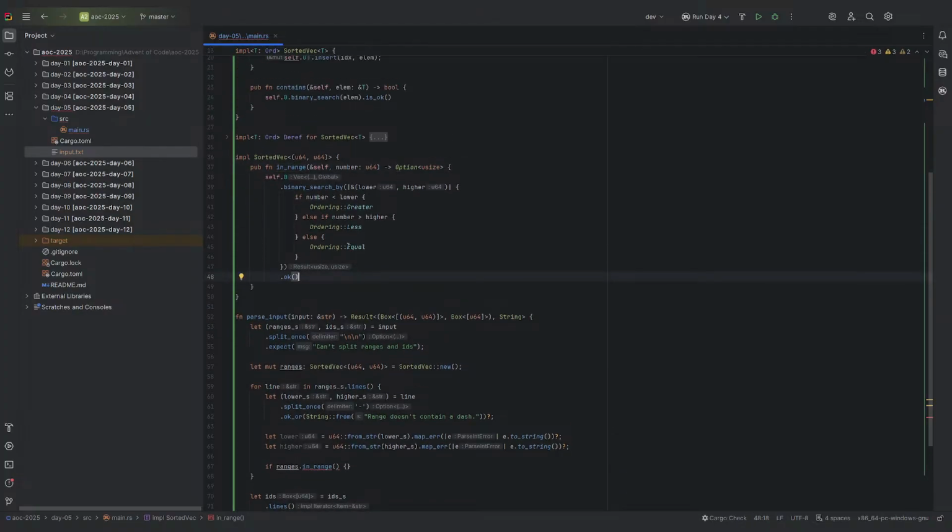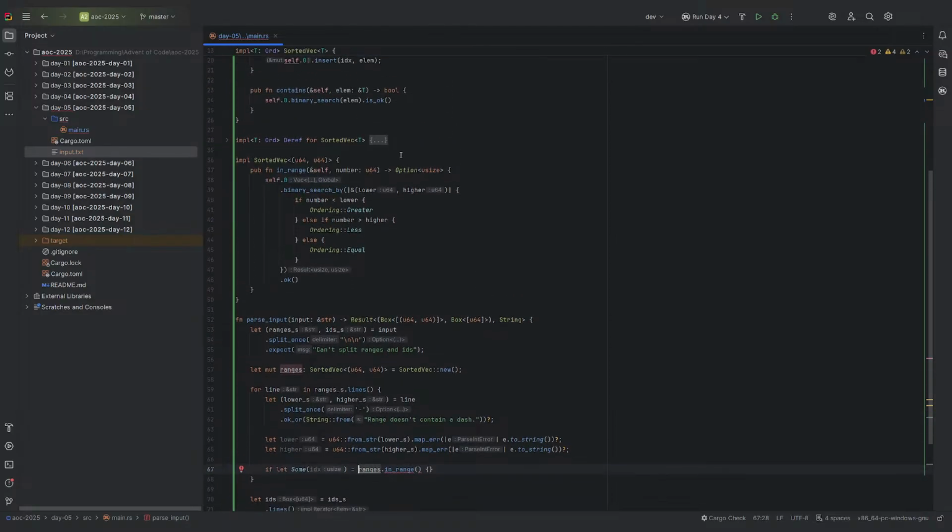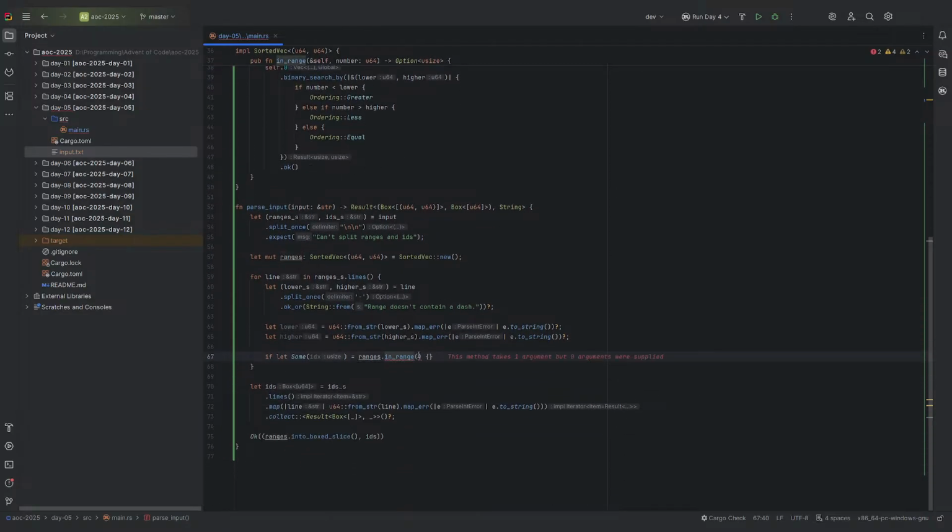If a number is in range, then I just get its index, which I can then reuse here. Technically, I could be more efficient here by also getting the error index for reinserting correctly afterwards. It's fine.